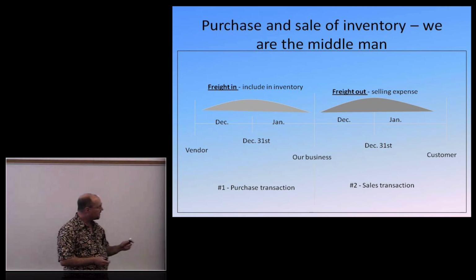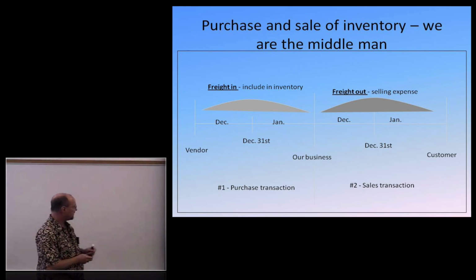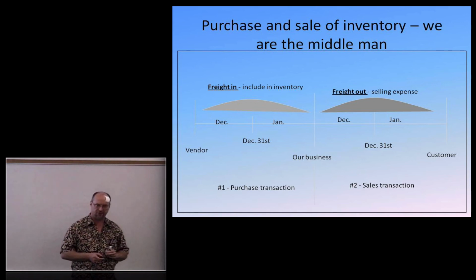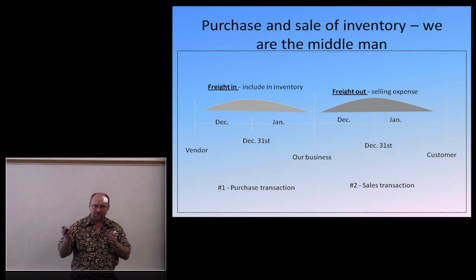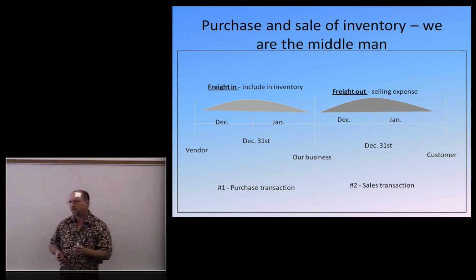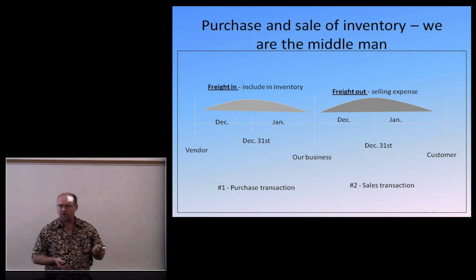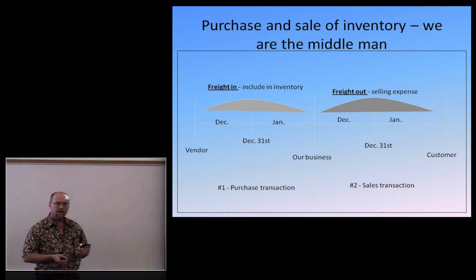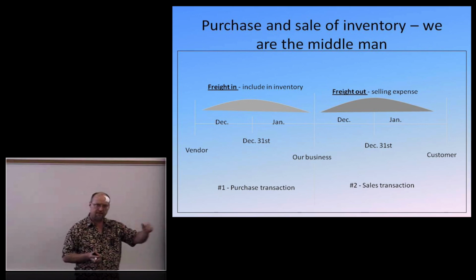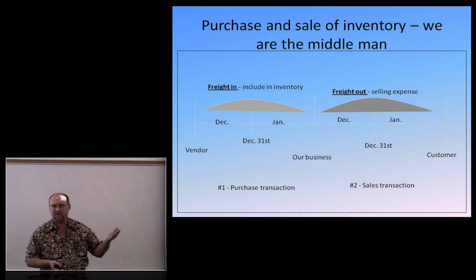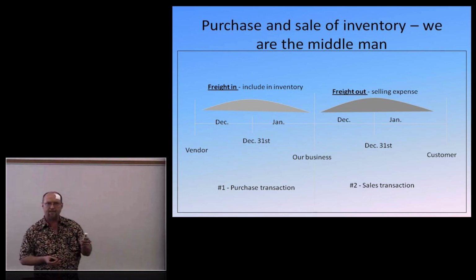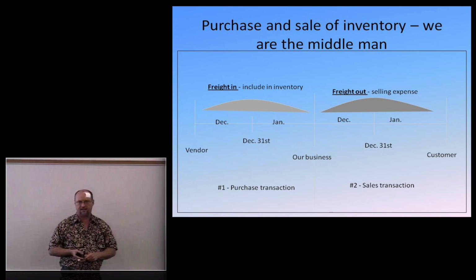Okay, so now, the issues related to this are what happens on December 31st if the goods, if the inventory is in between seller and buyer. Now let's just assume we are a car dealership for Toyota or Honda, and we're buying cars, and they're coming from Japan, from Tokyo, and they're coming across the Pacific Ocean on a great big boat. Now, it takes usually anywhere from, I'm going to say, 1 to 2 weeks for that boat to leave Tokyo and to arrive in Los Angeles.